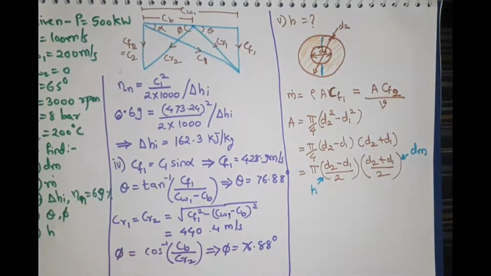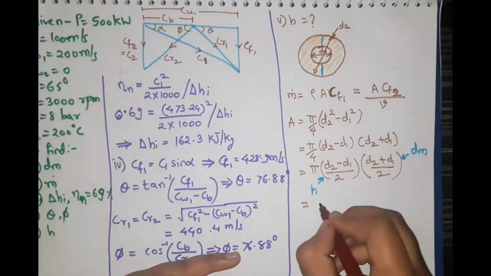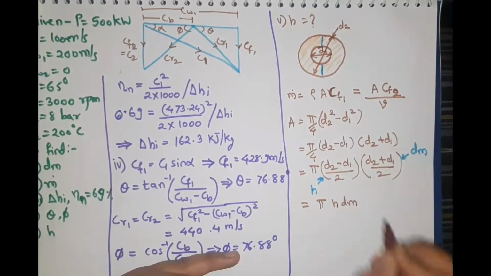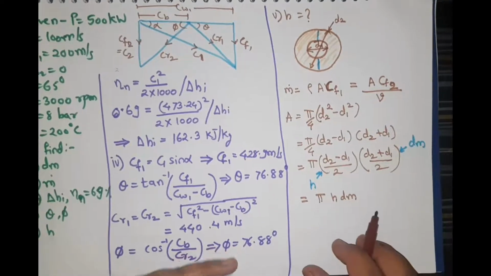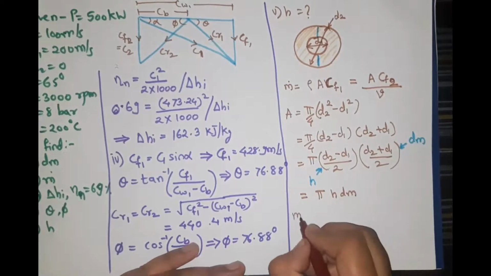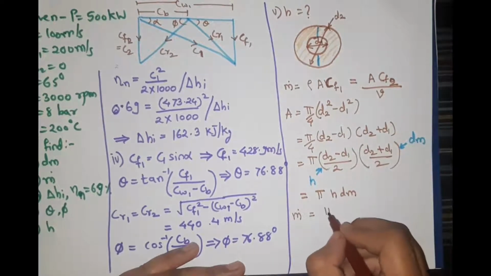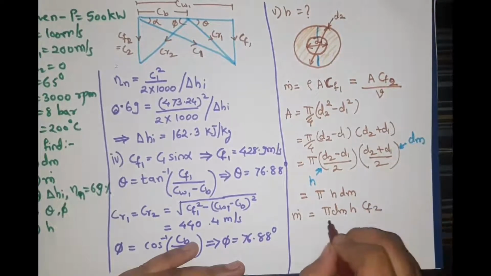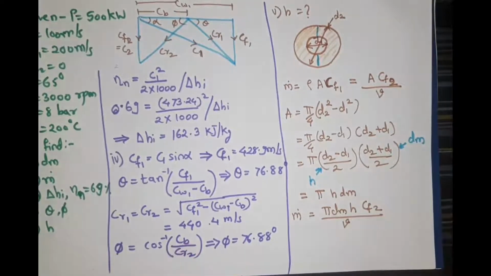So we can write this as pi into h dm. So our formula for the mass flow rate will be equal to pi dm into h cf2 into specific volume at the exit.